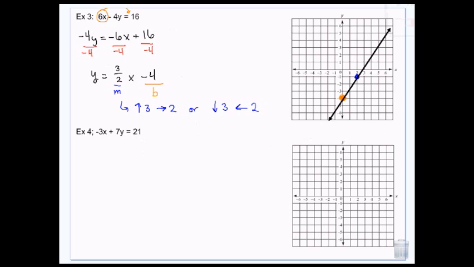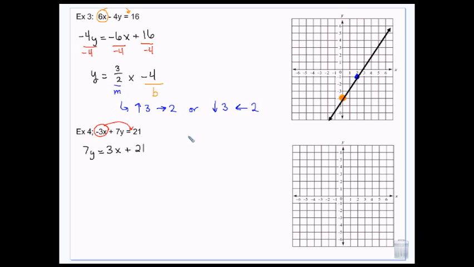Let's try this one. We're going to move the 3x over. So it would be 7y equals 3x. The 21 is positive already, so it becomes plus. Okay, then plus 20.